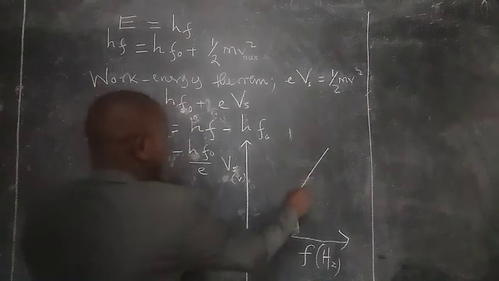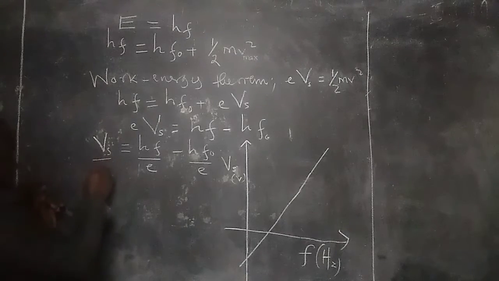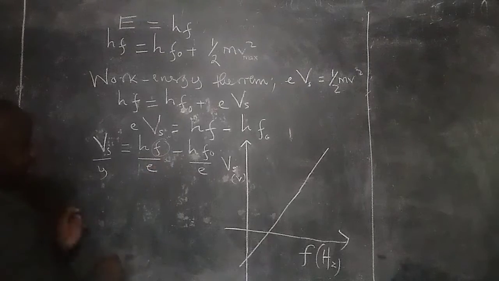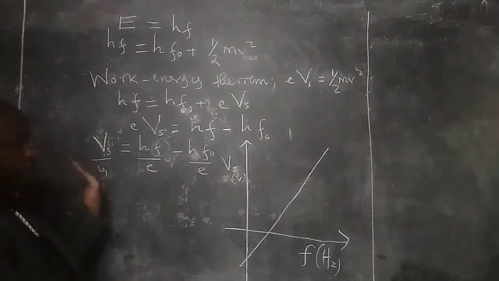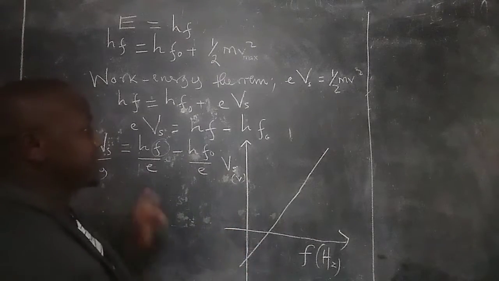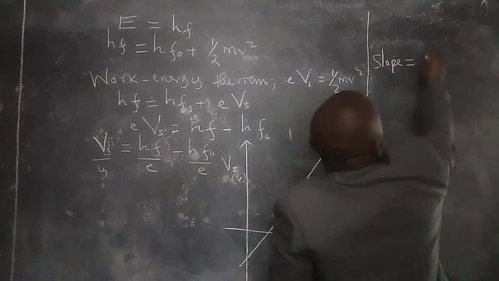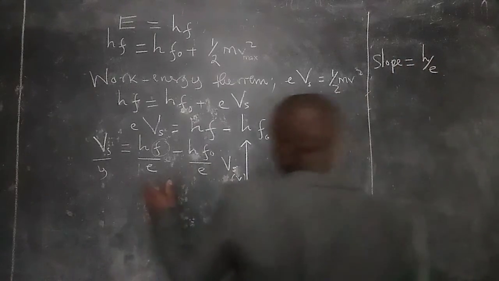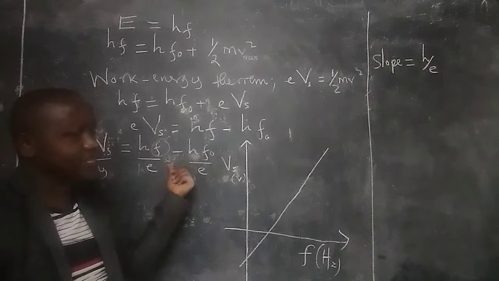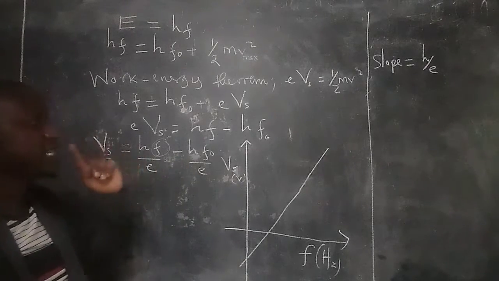that according to this equation, we can see that because Vs is on the y-axis and f is on the x-axis, then the coefficient of f, which is h out of e, is provided by the slope. Therefore, from such a graph, slope is going to give us h out of e, because h out of e is the coefficient of whatever quantity is in the x-axis, and mathematically that coefficient should give us the slope.